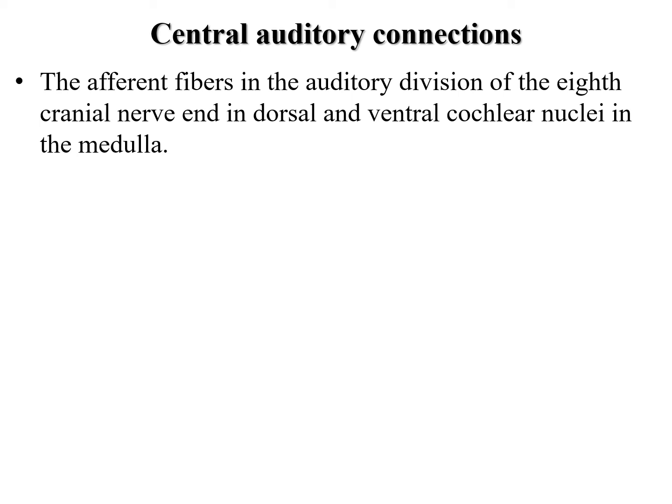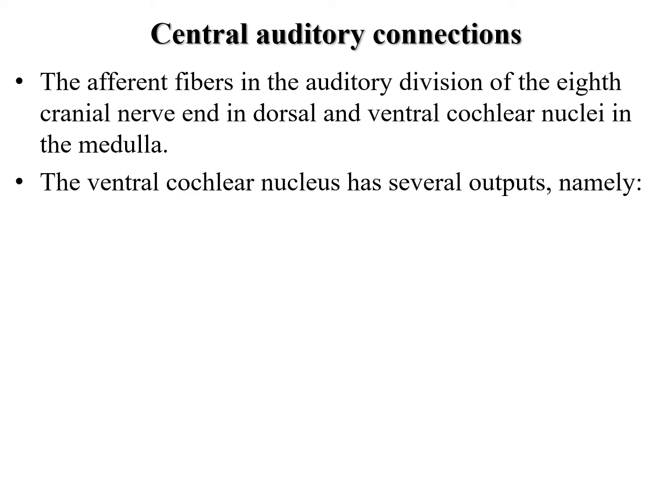From the dorsal and ventral cochlear nuclei, second order neurons arise. But the pathways these second order neurons take are different for the two nuclei.